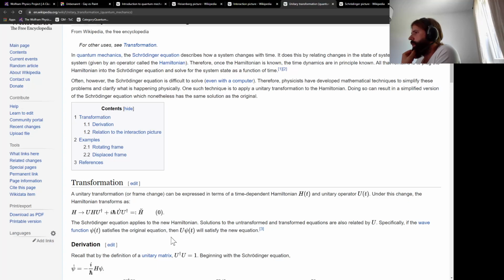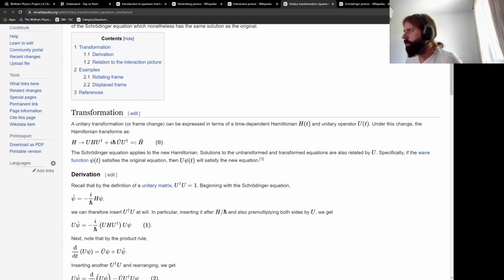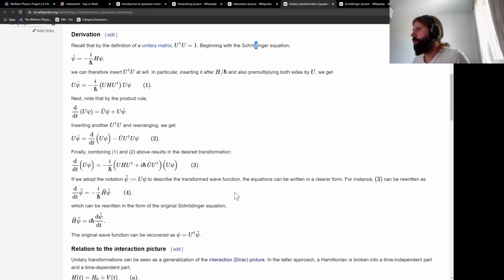Yeah, exactly. I guess the point of this is you transform it into an easier one, and then you undo the transformation. So that's why. That's what this means, right? Yeah, exactly. Because a unitary matrix, if multiplied by its inverse, is the identity, or it's one. So then you can recover the original stuff by just undoing the change.